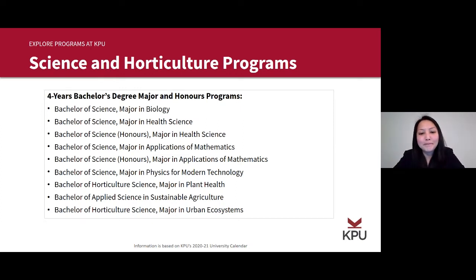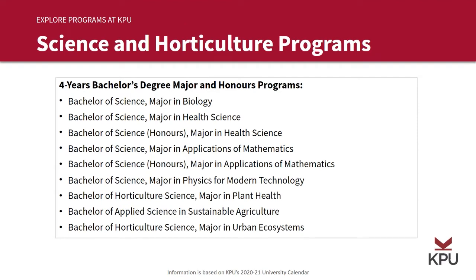Thank you. So as Olivia has already explained, a bachelor degree requires minimum 120 credits, which usually can be attained with 40 courses. So same as the science and horticulture programs faculty. Science and horticulture faculty, you can say it's just like our arts faculty, it's a big umbrella, and there are programs underneath.